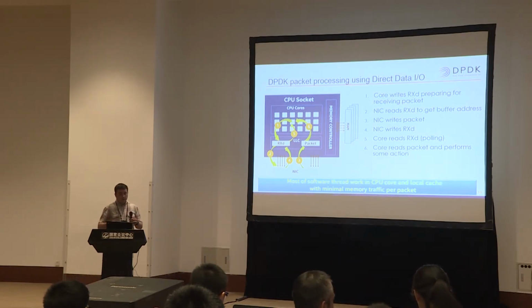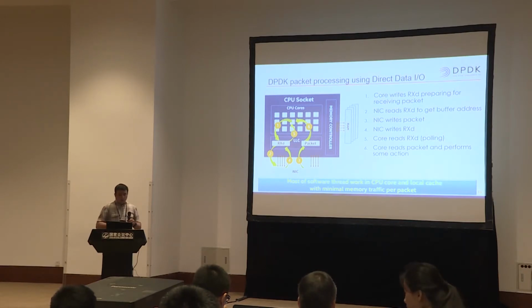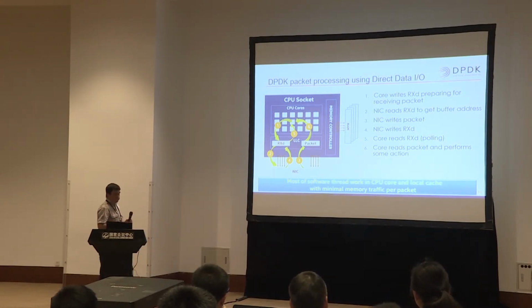So this is all about DDIO. The feature allows I/O devices to send data directly to the L3 cache, and then the core comes and picks it up out of the I/O ways. The DDIO technology brings two main advantages: it can allow saving in latency and memory bandwidth.